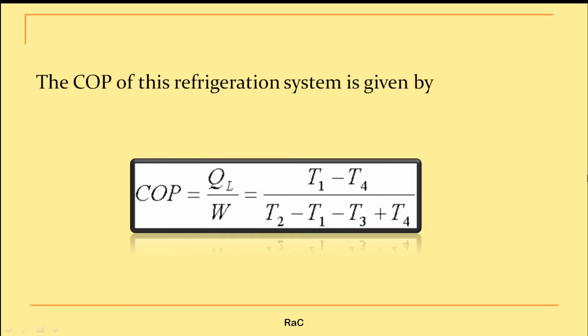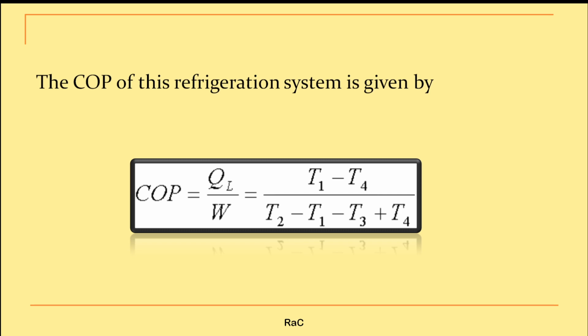In the ideal case, the COP of this refrigeration, you know, is the desired effect divided by the work input, right? The desired effect is QL, which is given by T1 minus T4 from the cycle, and for the work input, there is work input to be given to the compressor and some work output we will get from the turbine.